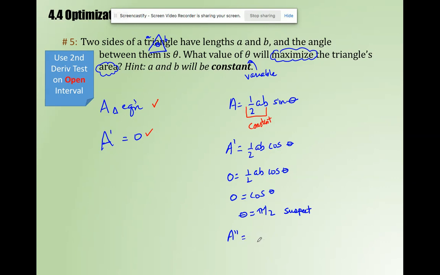Constant times cosine theta is negative that constant times sine theta. And I put pi over 2 in there.